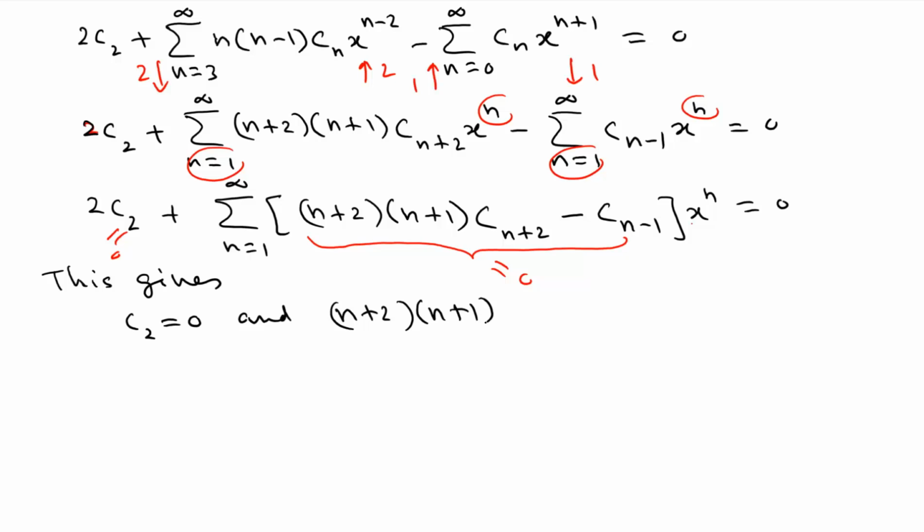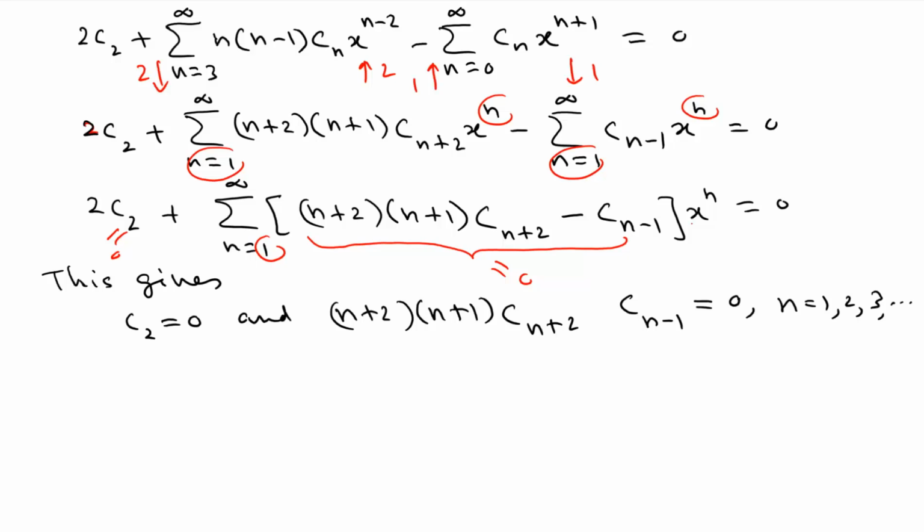And we can set this one equal to 0, so it's (n plus 2)(n plus 1) c_(n+2) minus c_(n-1) equals 0. That's valid for n equals 1, 2, 3, wherever the series starts. The series starts with 1, so that's the first value. Now we can solve for that.